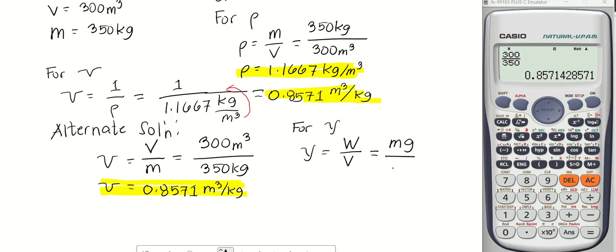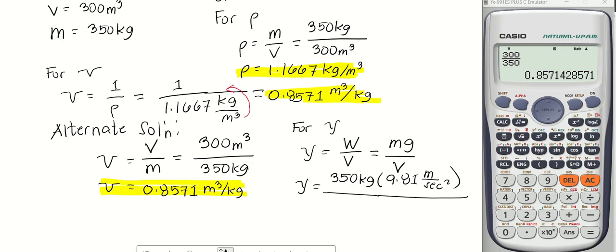So mass times gravity divided by volume. Substituting, we have 350 kilograms times the gravity, which is 9.81 meters per second square, divided by volume. So our volume is 0.8571 cubic meter per kilogram.